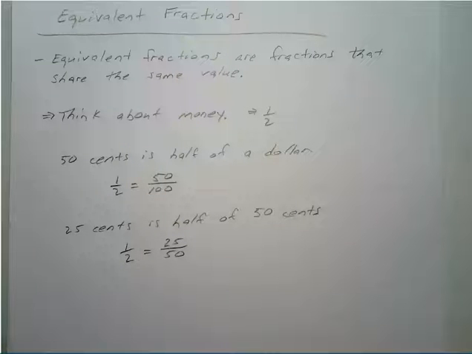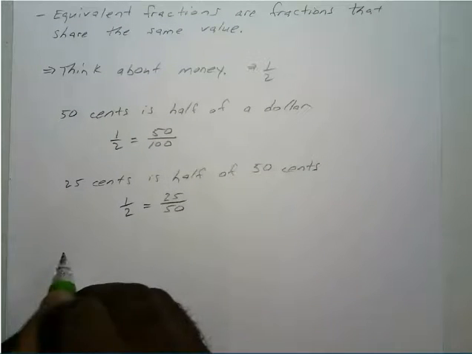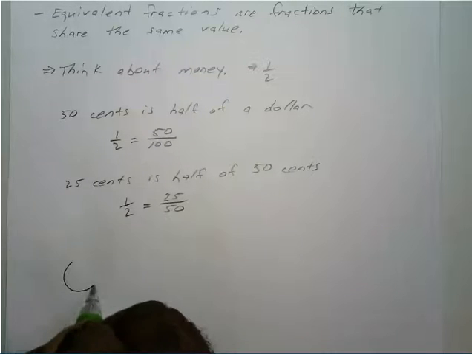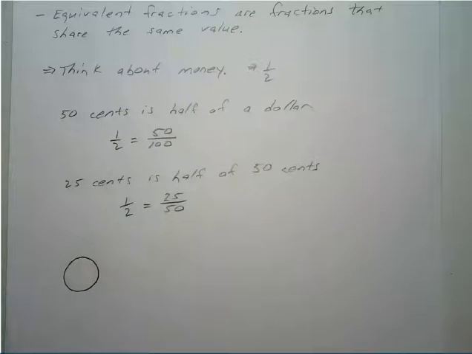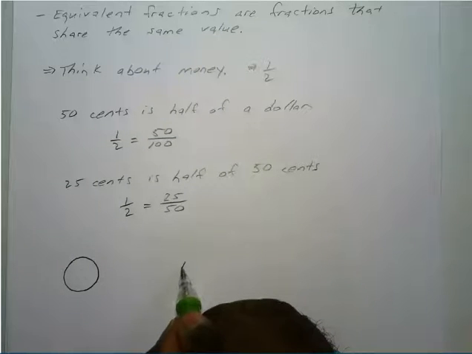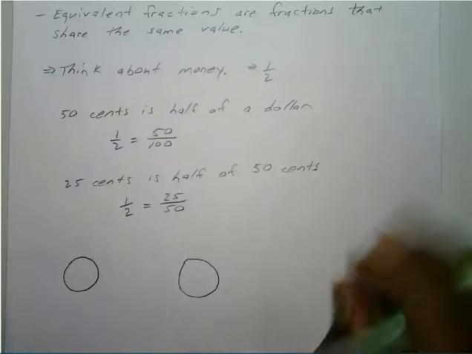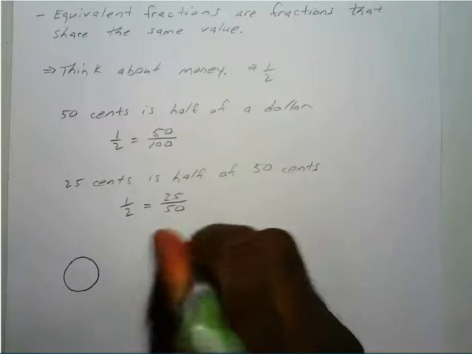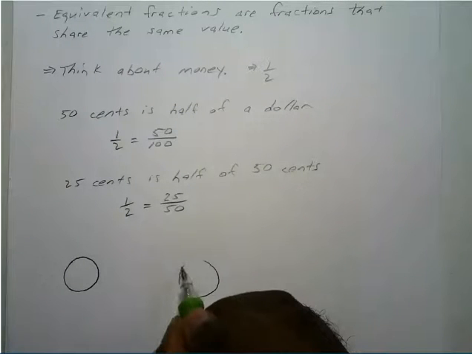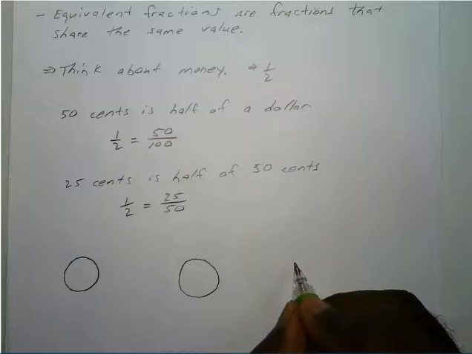Okay, so let's look at it with a picture, if you're still a little bit lost. I'm not going to make a perfect circle, but I'll do my best. We're just going to assume these are all perfect circles.